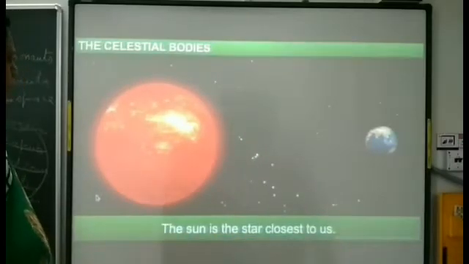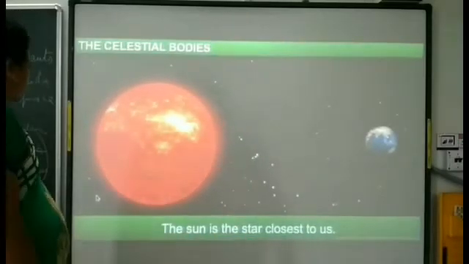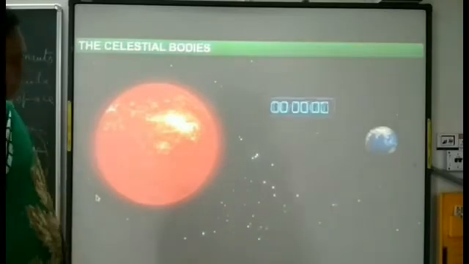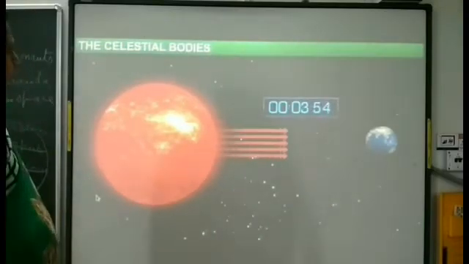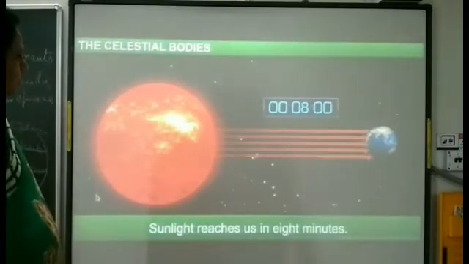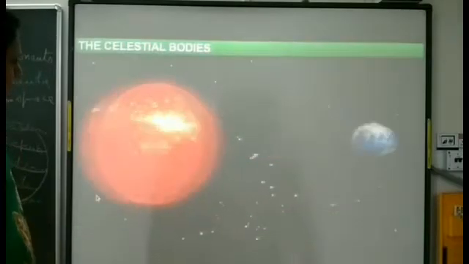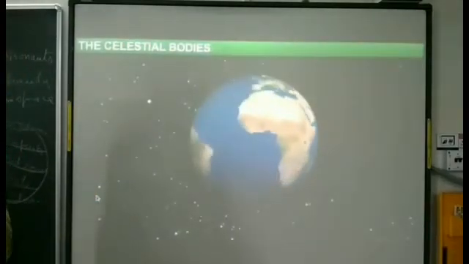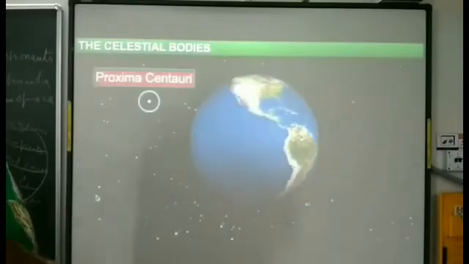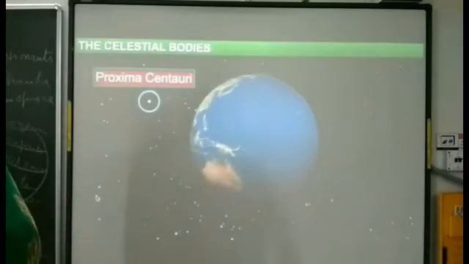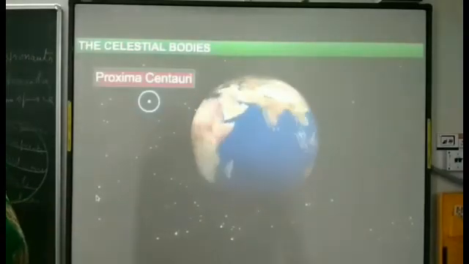Just to give you a sense of the distance, sunlight reaches us in 8 minutes, whereas light from the next closest star, the Proxima Centauri, takes 4 years to reach the Earth.